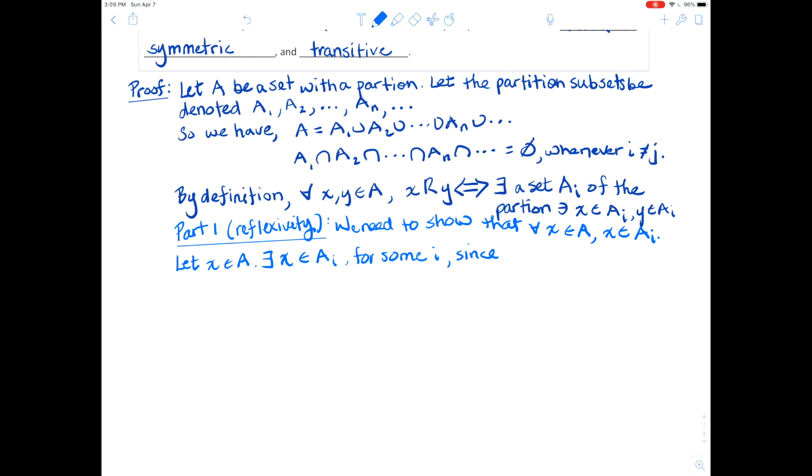Well, it's because A is equal to the union of all the partitions. So A1 union A2 union ... union AI ... union ... Cool? So, now where do we go? Well, there just has to exist one partition where that's true, right? So we've shown what we needed to show.